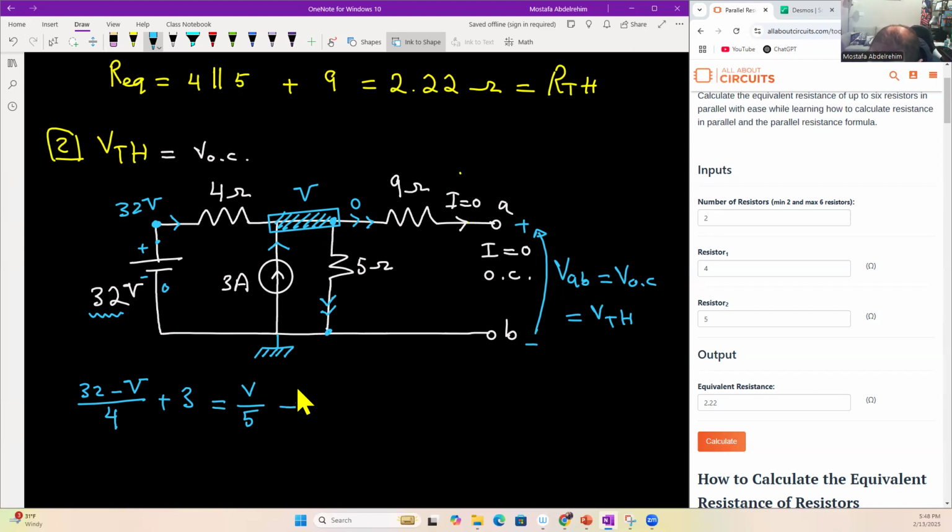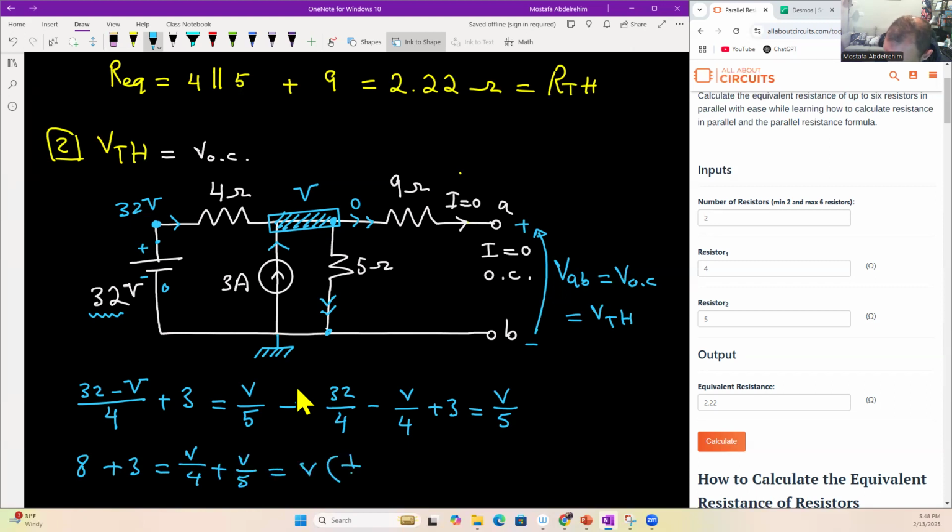Good, so let's simplify this. 32 over 4 minus V over 4 plus 3 equals V over 5. So 32 over 4 is 8, plus 3. I'm going to put the V over 4 on the right hand side, so V over 4 plus V over 5, so it's V times (1 over 4 plus 1 over 5).